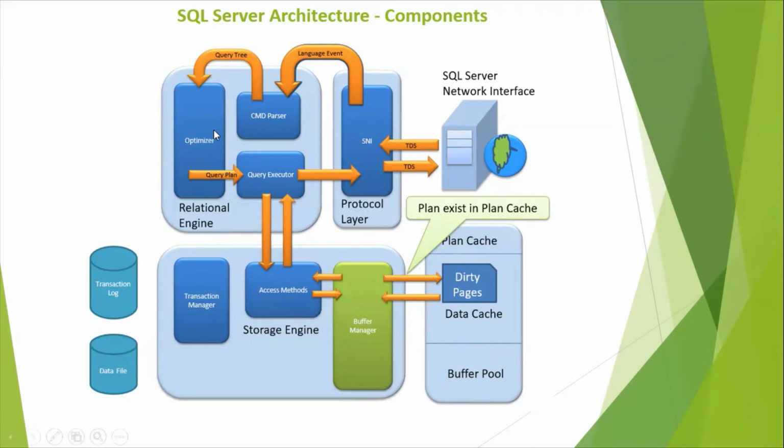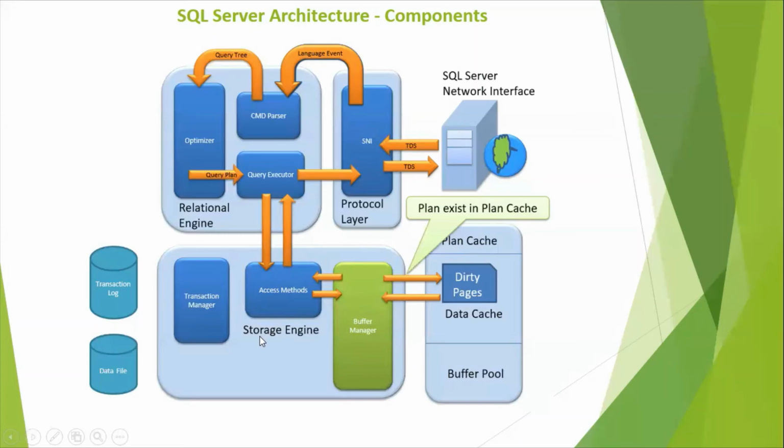So it generates a query plan based on the resource utilization and your query as well. Then it will send it to the query executor. The query executor does the actual work to get the data, right? The query executor will communicate with the storage engine.